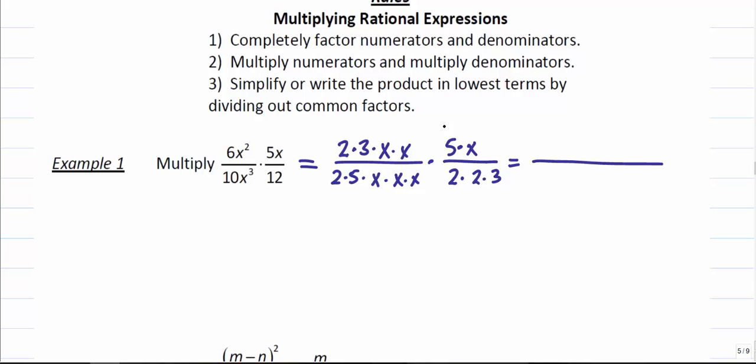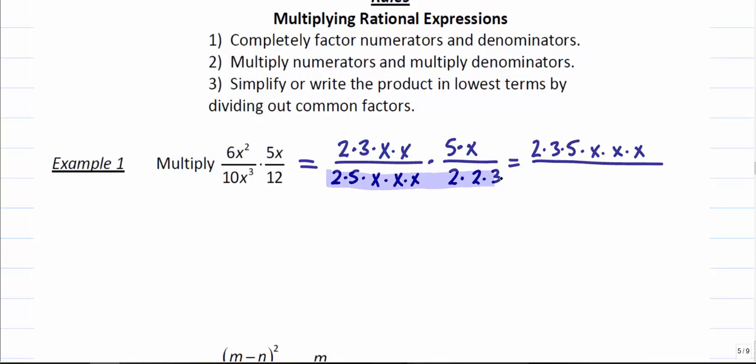What that means now is that I can take all of this stuff up here and I can reorder it however I want. So I'm going to reorder this as 2 times 3 times 5, and then I've got x times x times x. So the same things, but just reordered. And then I'm going to do the same thing in the denominator.